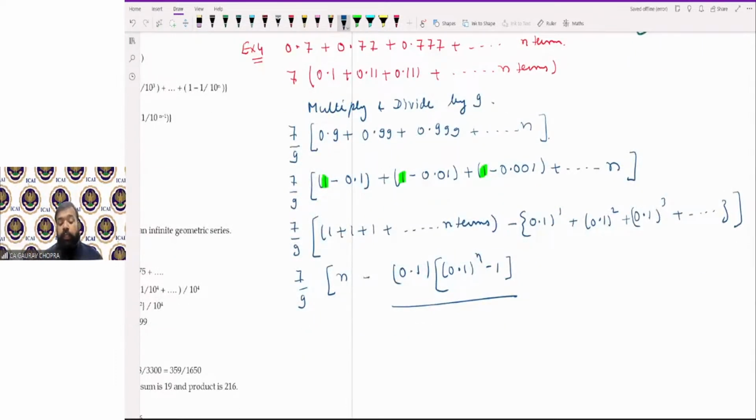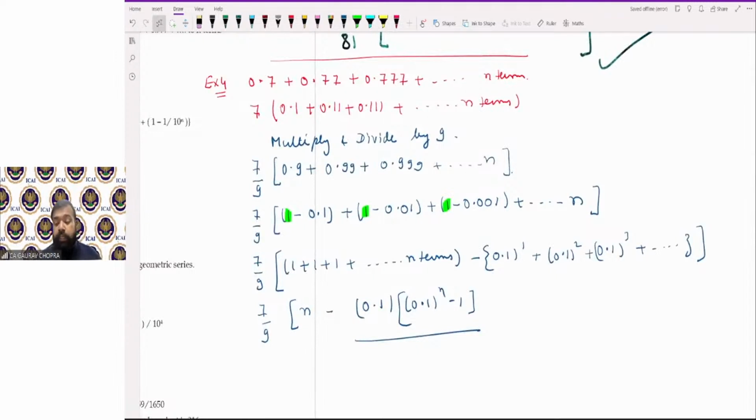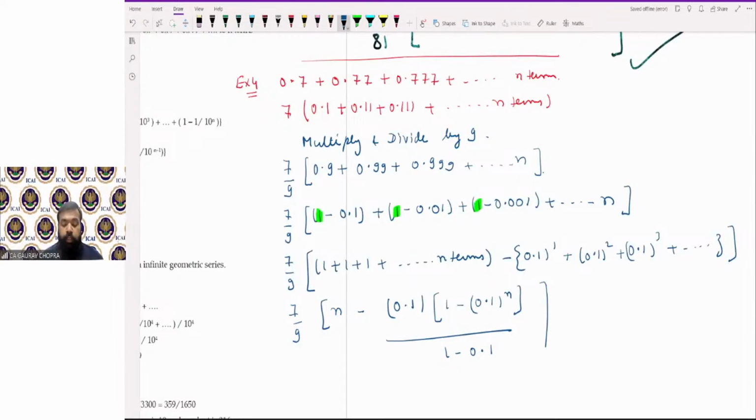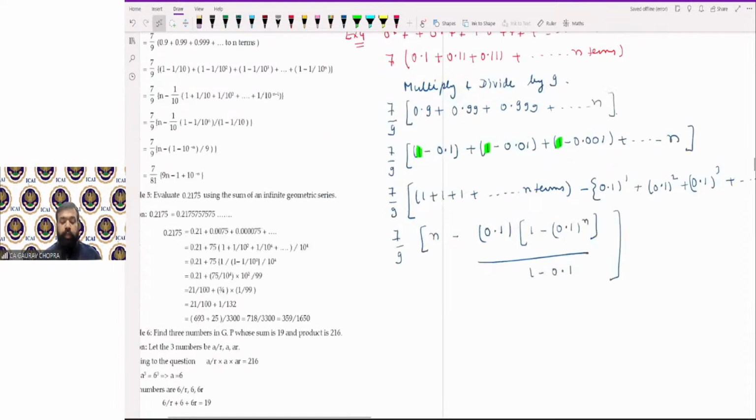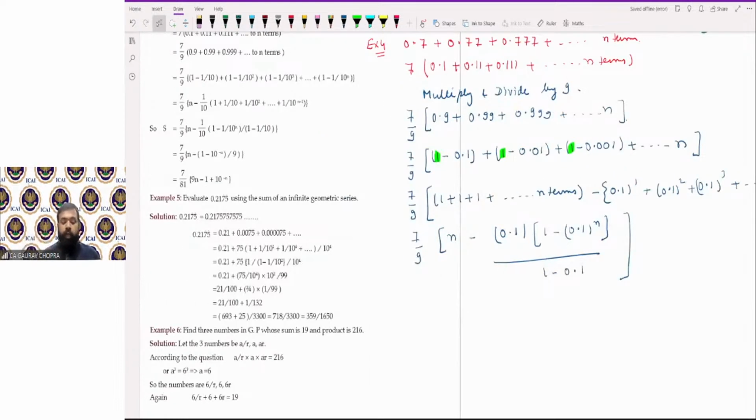Okay, now in this case यहाँ पे आपको थोड़ा सा ध्यान क्या रखना पड़ेगा, since r is less than 1, तो आपको उल्टा वाला फॉर्मूला लगाना पड़ेगा, 1 minus r to the power of n upon 1 minus r. Now this formula is applicable. Now you can simplify and get your answer.